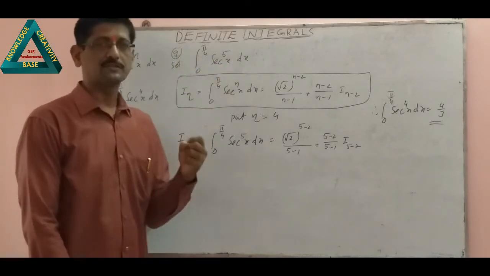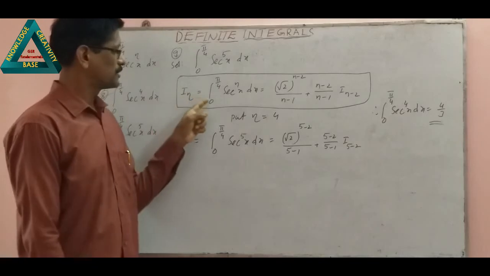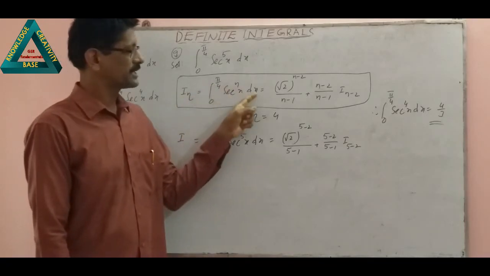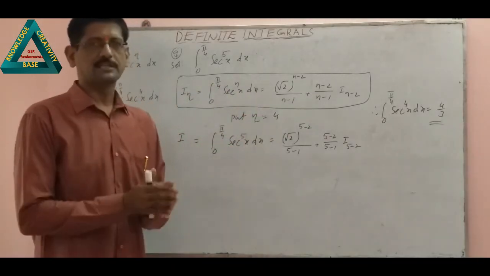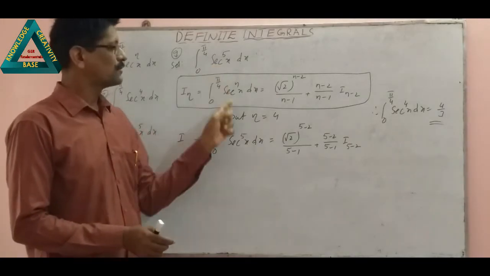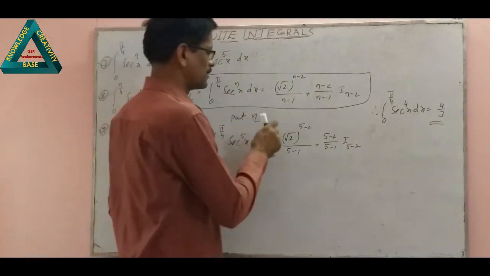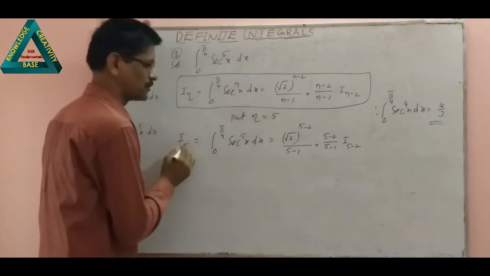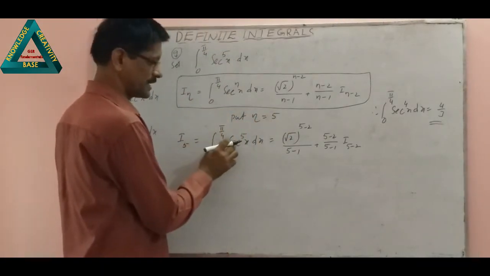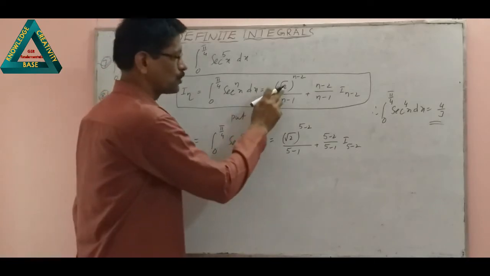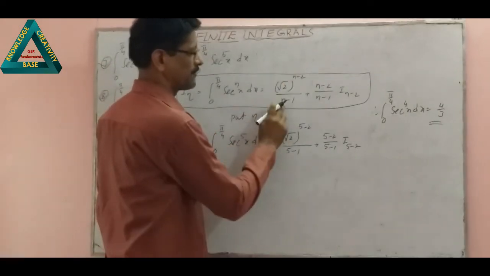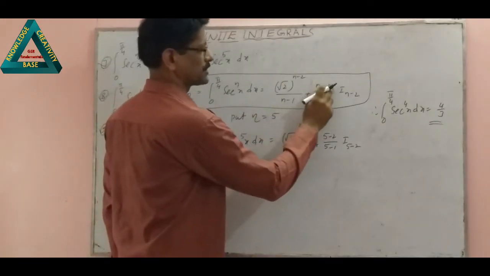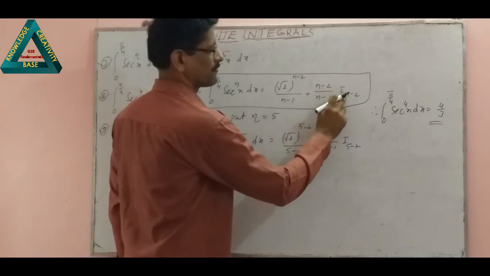So the reduction formula for secant function: I_n is equal to 0 to pi by 4 secant power nx dx is equal to this one. In this result, put n is equal to 5. We get I5 is equal to 0 to pi by 4 secant power 5x dx. So root 2 whole power 5 minus 2 by 5 minus 1 plus 5 minus 2 by 5 minus 1 I(5 minus 2).